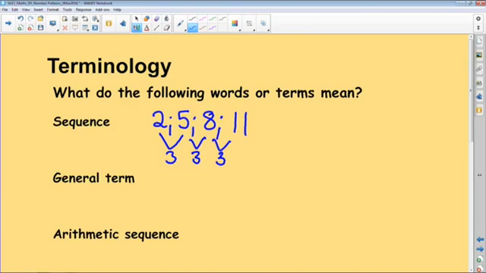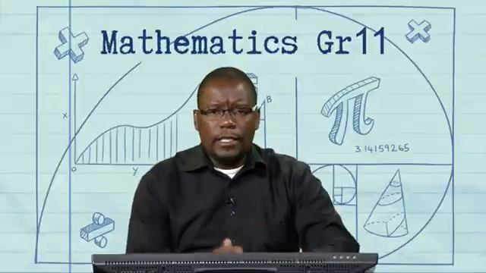Now, if I want to extend this to maybe 100 terms or 200 terms, 400, I'm not going to write all of these terms. I need to have something that generates all these terms. In other words, I need some sort of a formula that works for all the terms in this sequence.